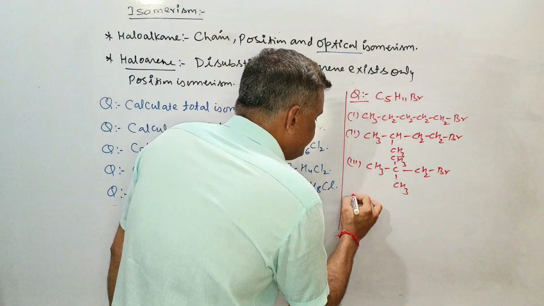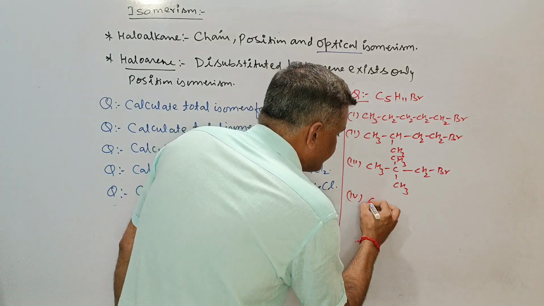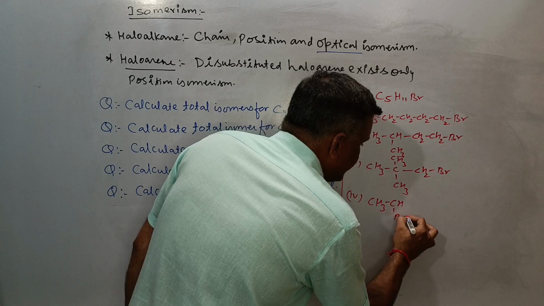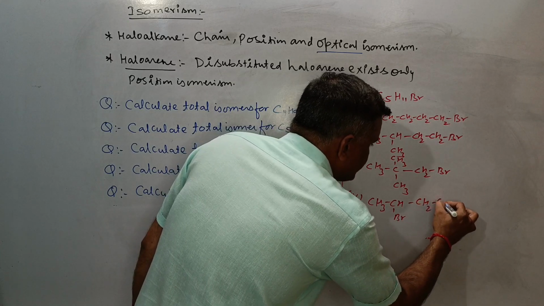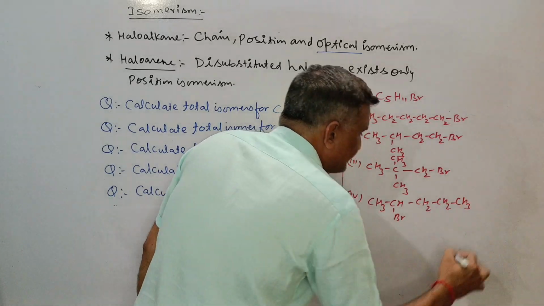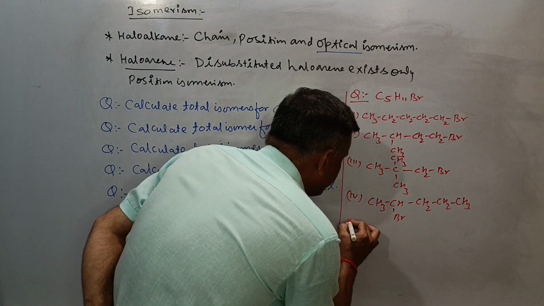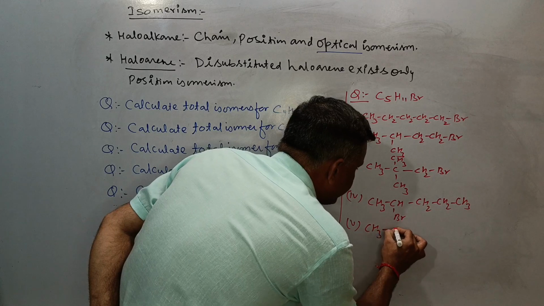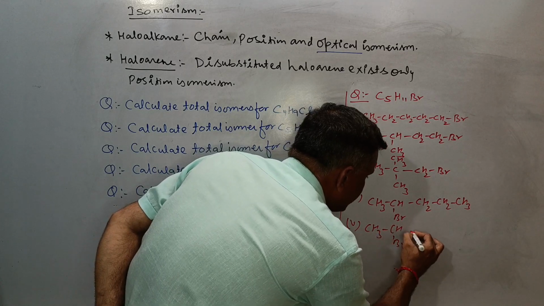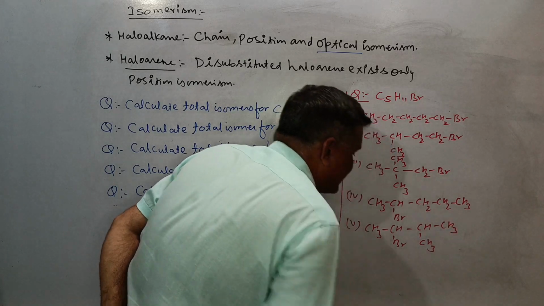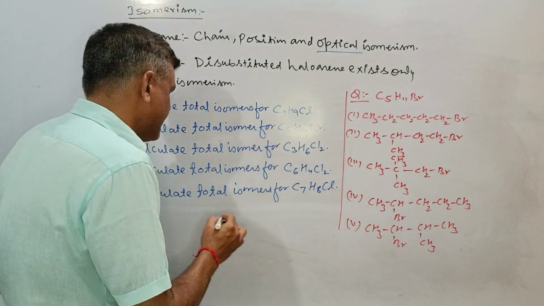Further we can take secondary active: this is the CHBr, CH2, CH2 and CH3. Further iso secondary active, CH3, CHBr, this is the CH, CH3 and CH3, the fifth isomer.